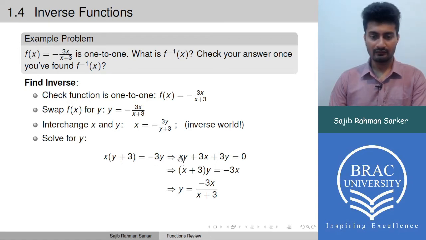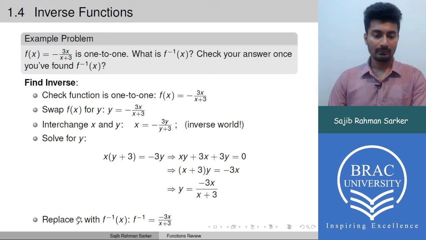Since we are solving for y, we keep the y terms on the left, and the rest, like plus 3x, goes to the other side of the equal sign, so it becomes negative 3x. Now, if we divide this by x plus 3, we get y is equal to minus 3x divided by x plus 3. Great. We just solved for y.